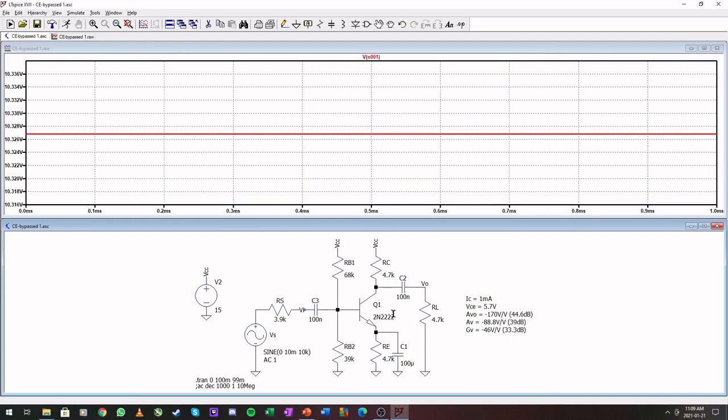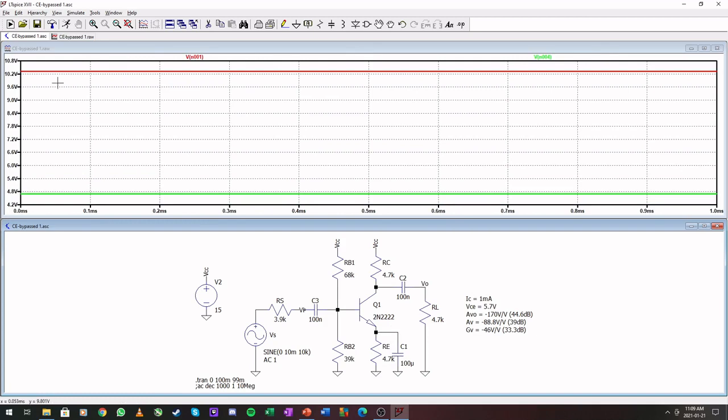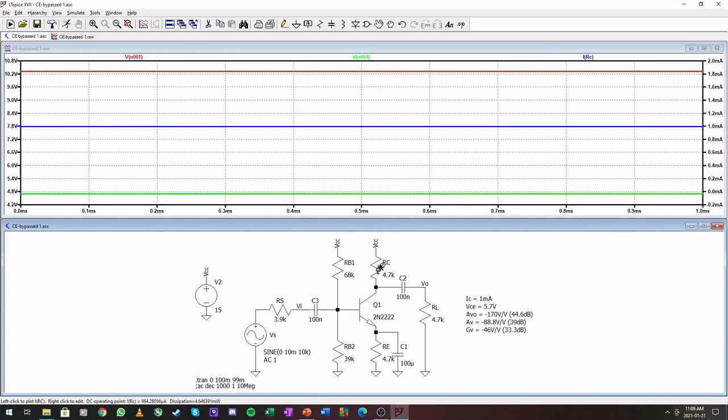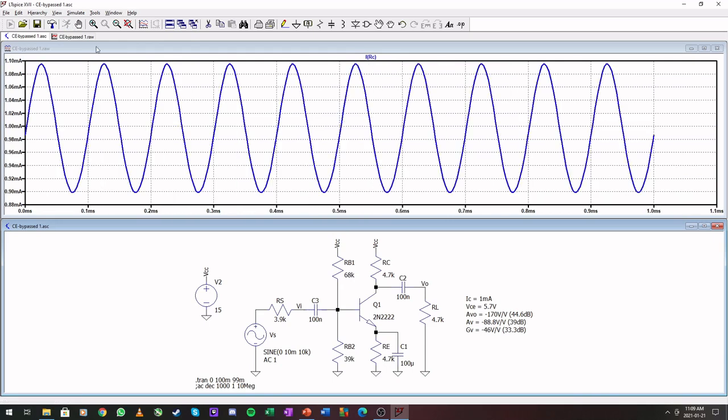Okay, so you can just check what the node values are and subtract them, or just subtract them in your head, and it will be close to 5.7. So that is the DC things that you need to measure, and it is close to what we really want. From now on, I will just do this while our signal is active.